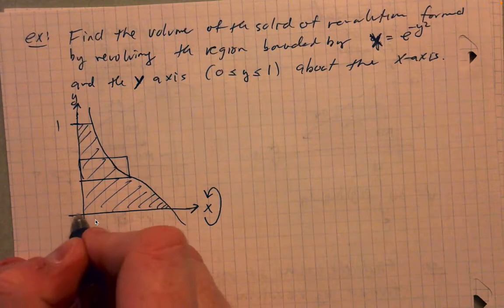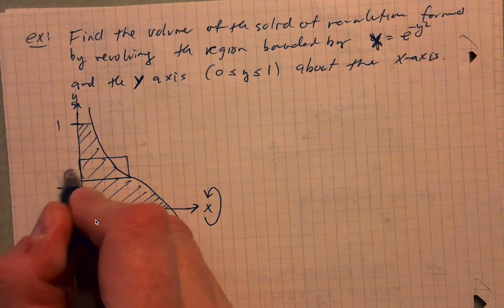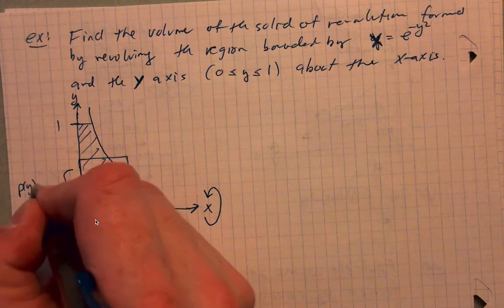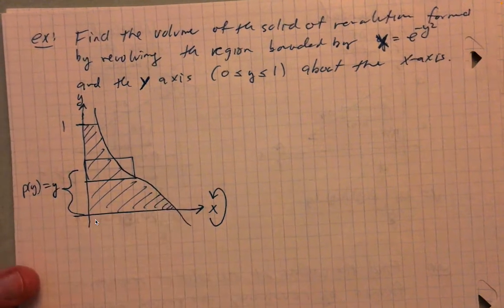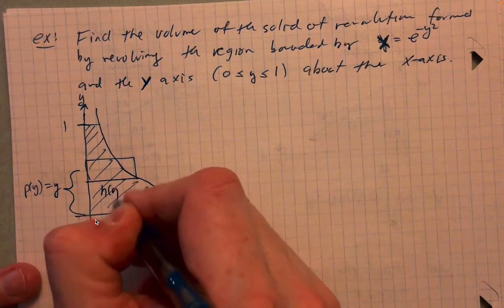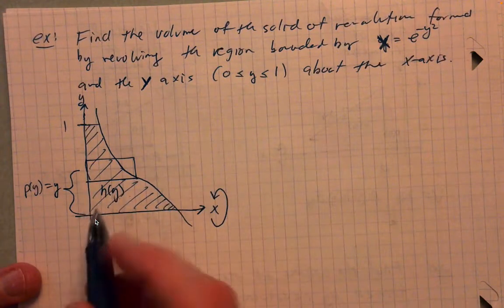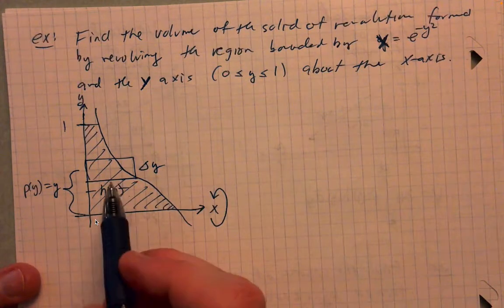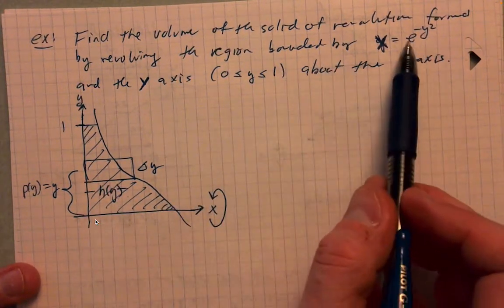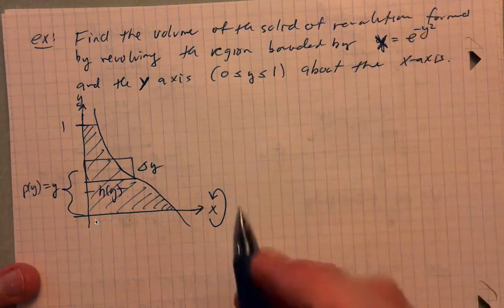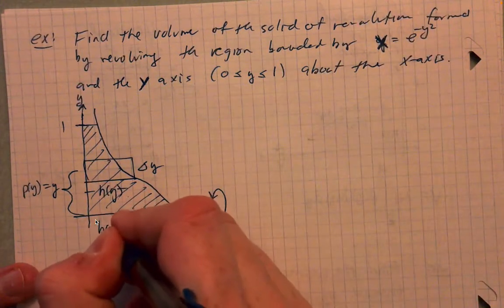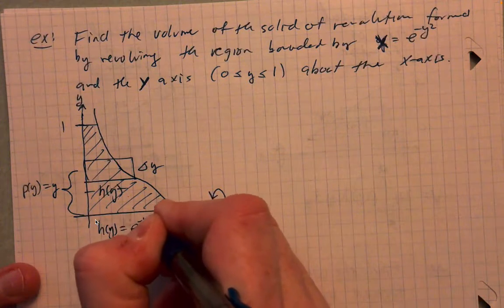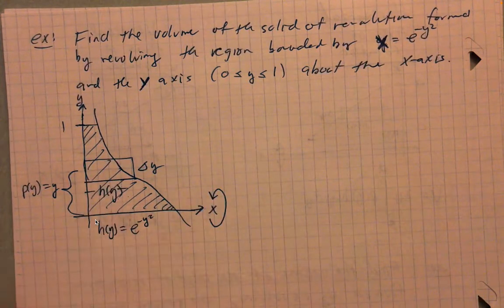We can quickly see what all of the pieces are. So p of y will be just equal to y. We'll have an h of y here, that's going to be the height, and a delta y. The height is just this function, e to the negative y squared. So h of y equals e to the negative y squared. It's the height of the rectangles.